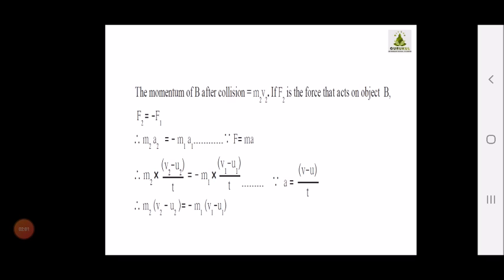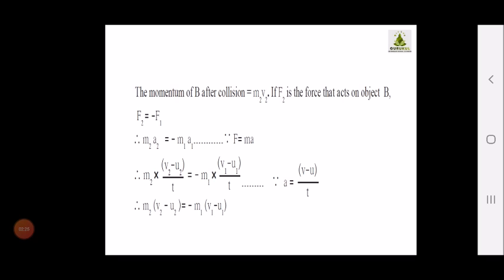m2 v2. And if F2 is the force that acts on object B, then F2 is equal to minus F1. Instead of F2, I am going to replace it by m2 a2 is equal to minus m1 a1, because we know that F is equal to ma, force is equal to mass into acceleration, that we have already studied.